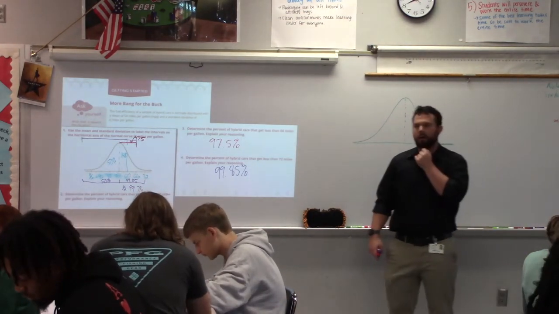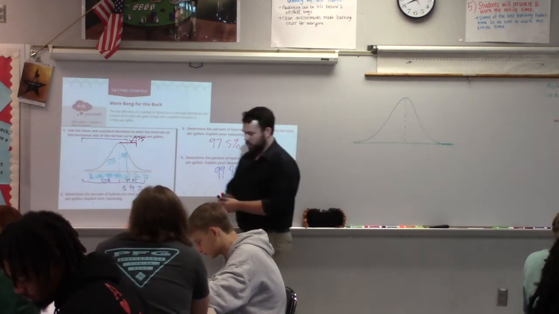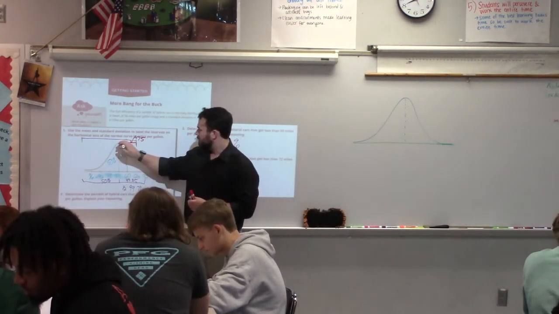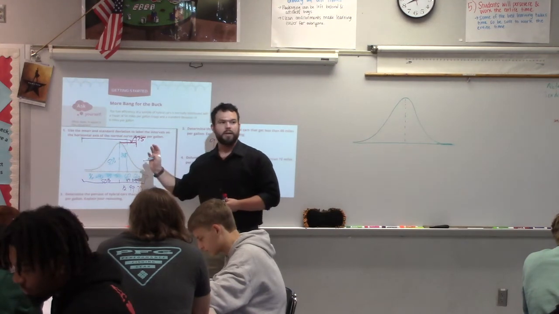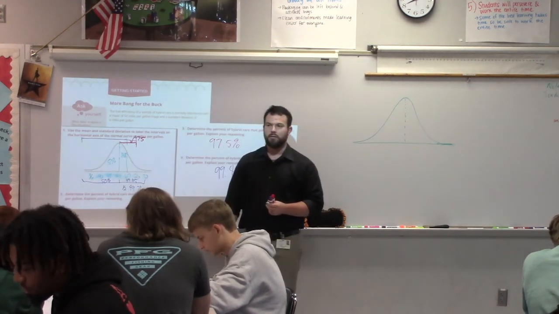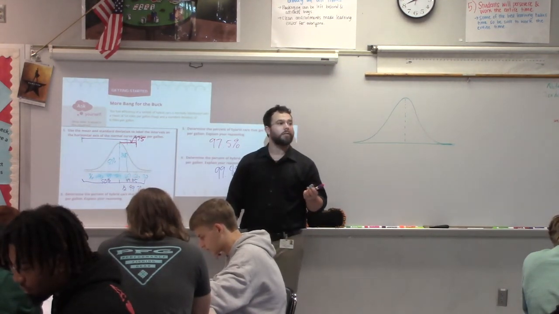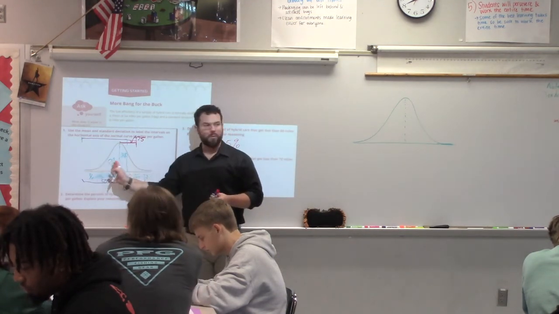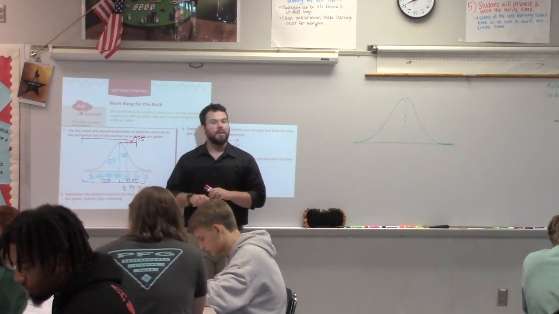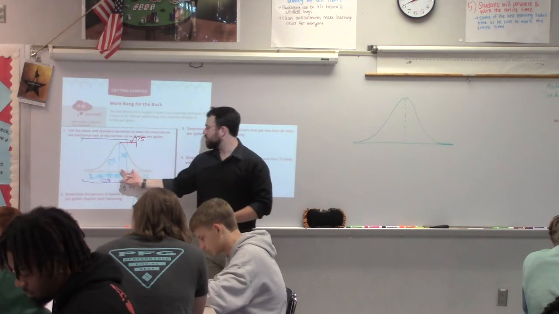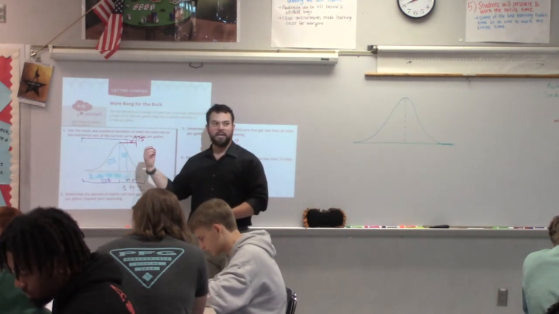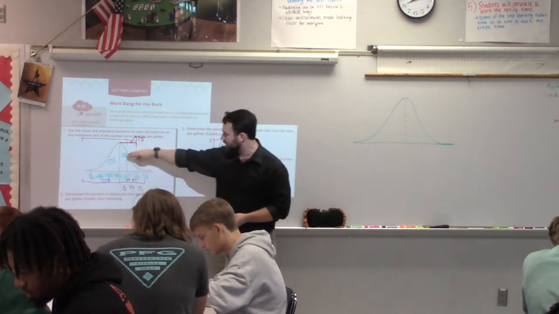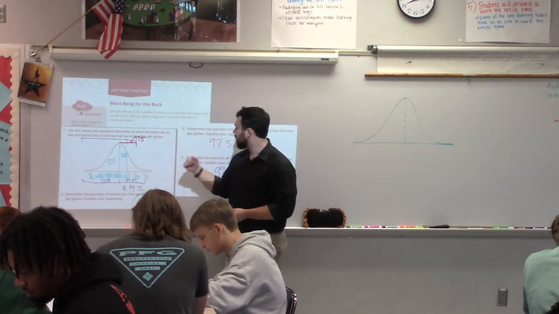Notice I know starting off everything less than the mean is 50%. Say again, everything to the left is what percent? 50%, right? And so I just used my halves of 68, 95, and 99.7 to get what was to the right. And notice I color-coded it.